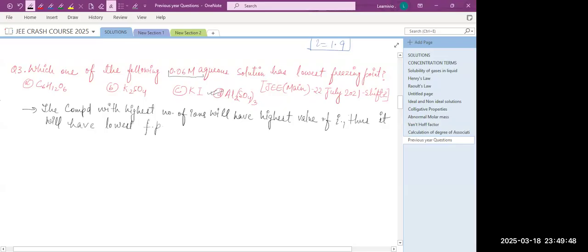I'm writing freezing point as FP. Okay, just remember this. So just check for which given compound the value of i is highest.